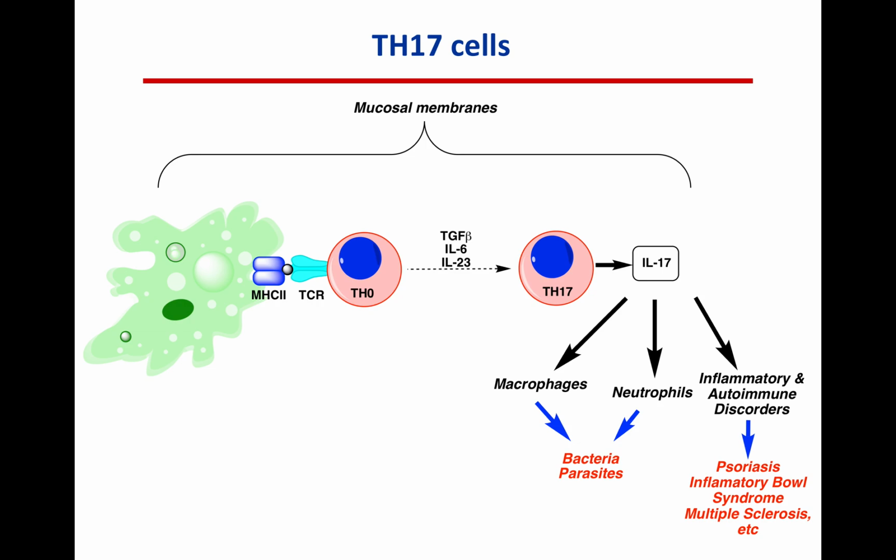Now, it's turned out that these Th17 cells you'll find mainly in the mucosal membranes, and when they are formed due to interactions of Th0 cells in these mucosal membranes with antigen processing cells, then this IL-17 will lead to macrophage activation, neutrophil activation, as I've seen, and chemoattraction. And this will result in an inflammatory response that goes after bacteria and parasites that are within those tissues.